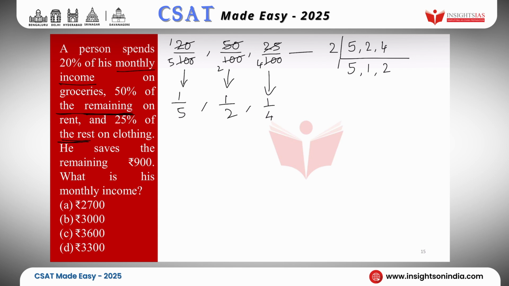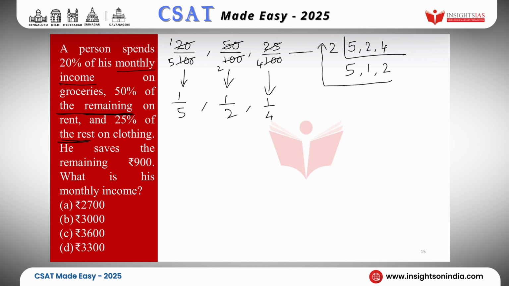Now, is there any number which can divide any two of the numbers 5, 1 and 2? No, right? We will stop the division here and we will just multiply these numbers. It is so simple.